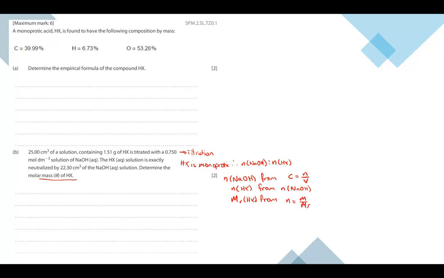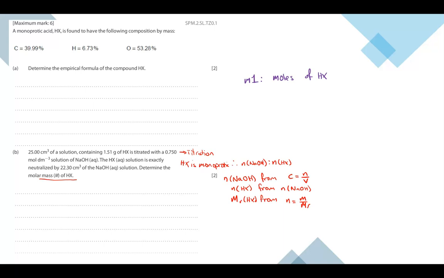And from there we can calculate the molar mass using mass over molar mass. Where do we get the mass from? Well, it's right in our question over here. It's given to us.